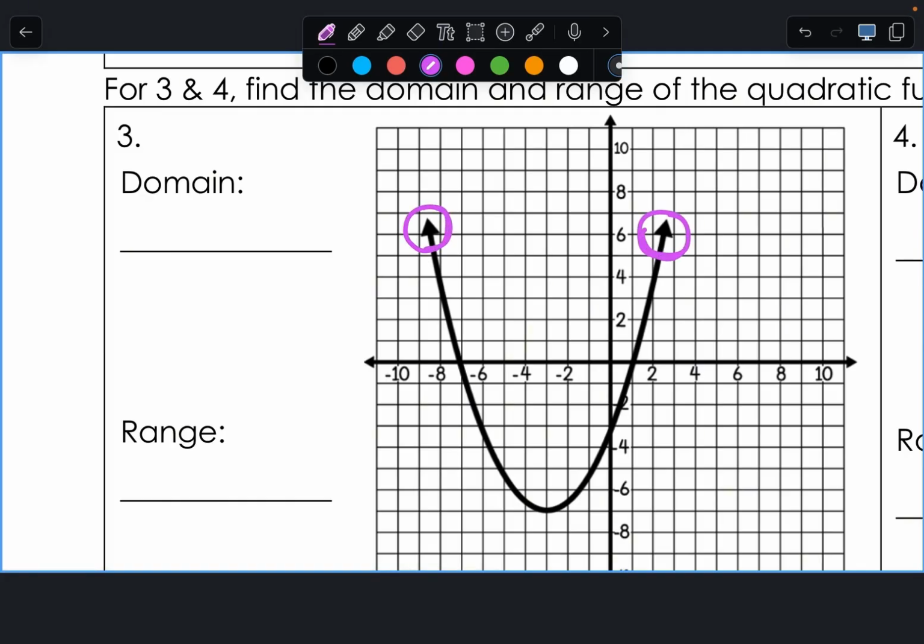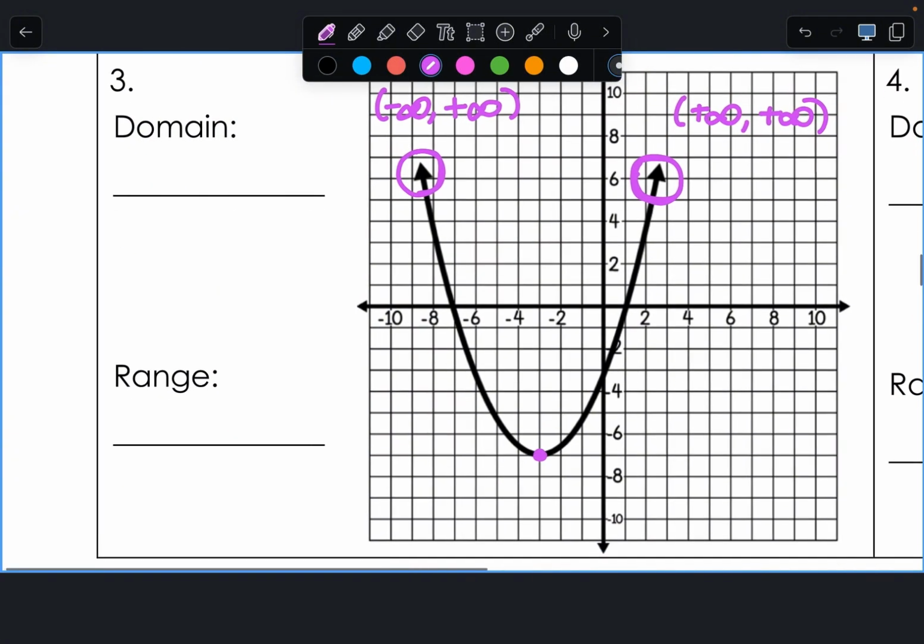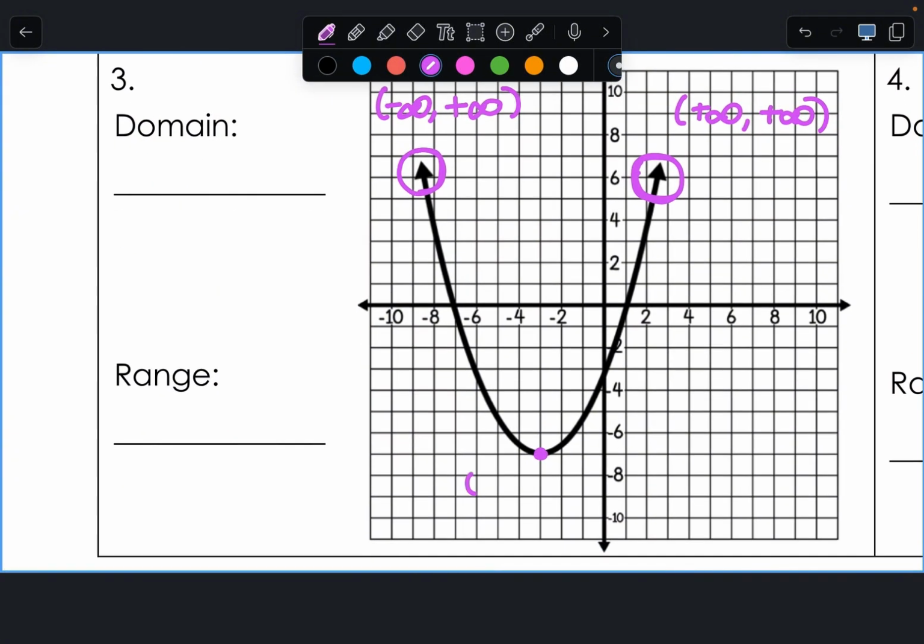So the left arrow is what? Negative infinity, positive infinity. Yep. The right one? Positive. Okay. And then always label your vertex as well. Guys? -3, what? Okay.